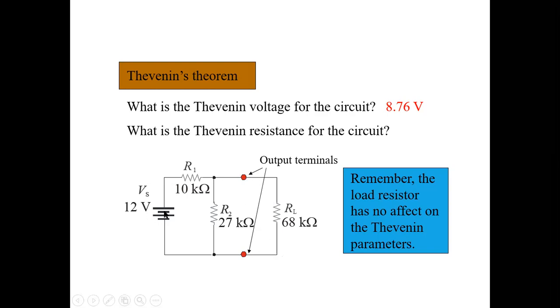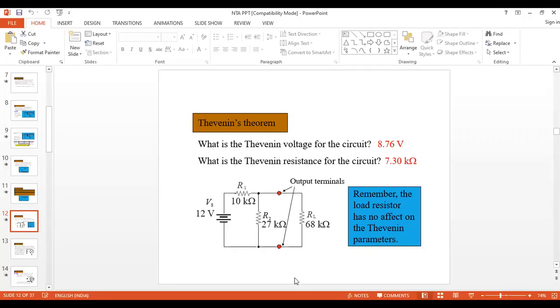The current supplied by the battery, the voltage source, is the same current flowing through the 10 kilo ohm as well as the 27 kilo ohm. If the current flowing through R1 and R2 is the same, it means the two resistances are in series. So we are able to calculate the value of that resistance.